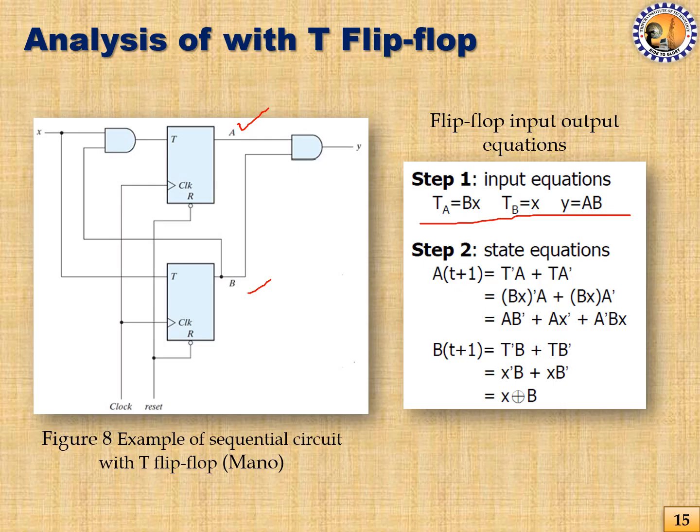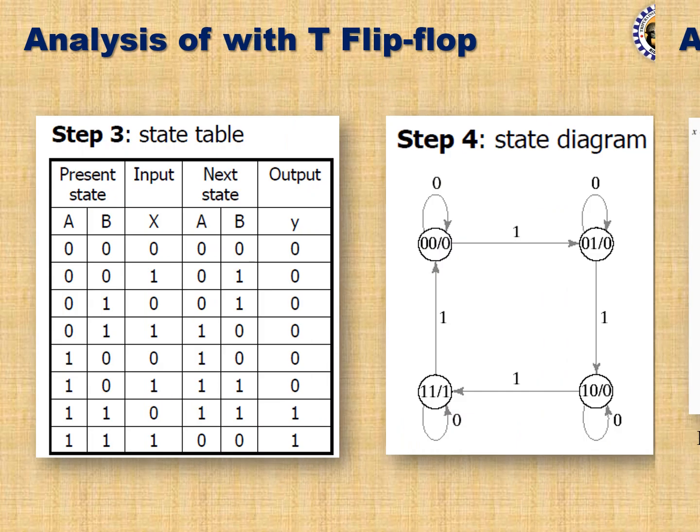In this case, y will be equal to A and B. It is simply A and B. So these are the three expressions based on which we can make the state table.